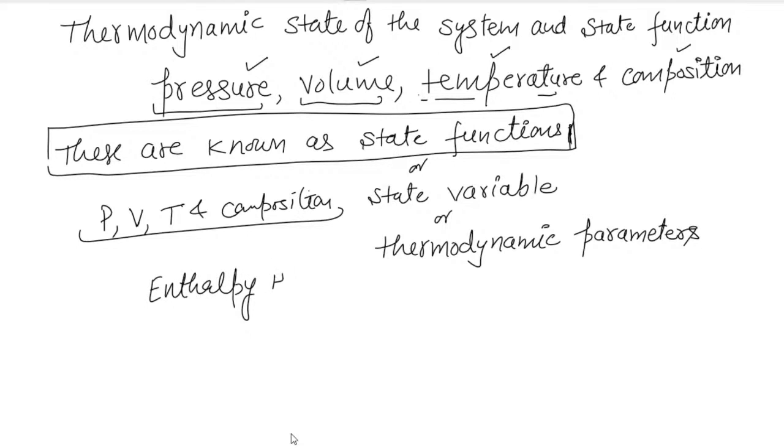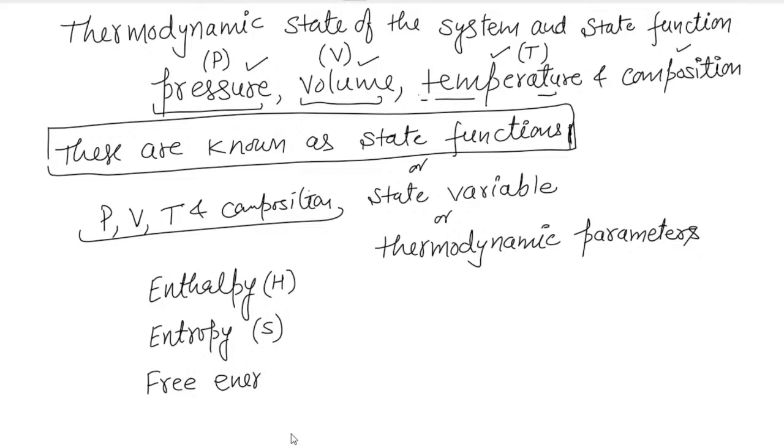Enthalpy is denoted by capital H. Pressure is denoted by capital P, volume by capital V, temperature by capital T. Entropy, which we will discuss in coming lectures, then free energy. These are all terms related to thermodynamic variables.